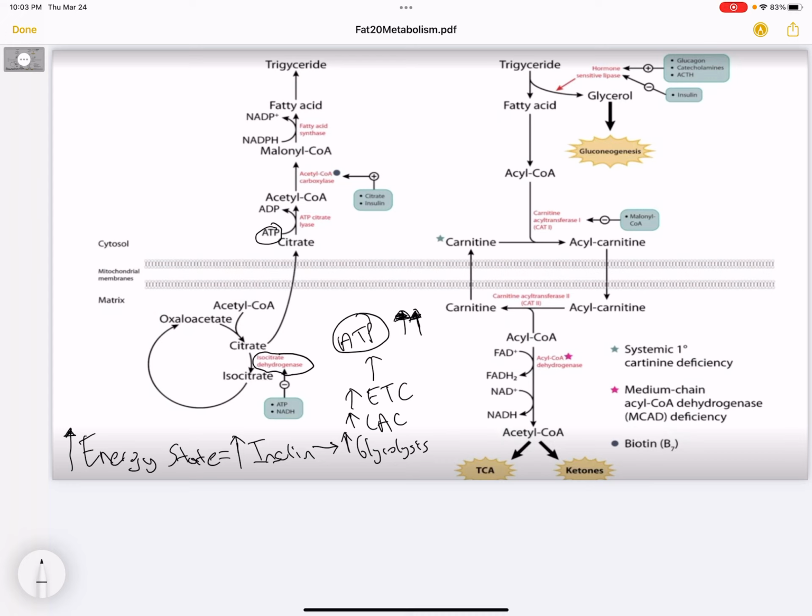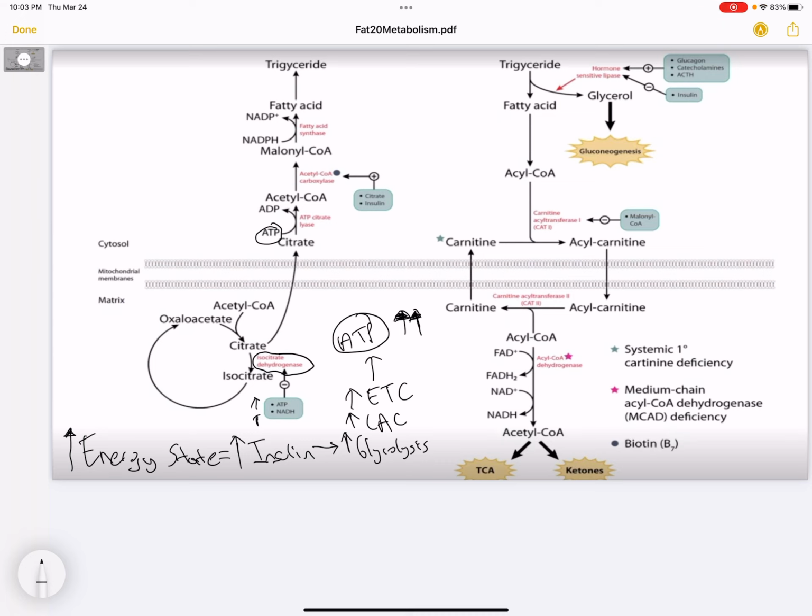So as you can see, high levels of ATP as well as NADH are going to inhibit isocitrate dehydrogenase, and when this occurs, we're not able to continue with the citric acid cycle. So we won't be able to get those reducing agents for the electron transport chain and oxidative phosphorylation to produce energy.